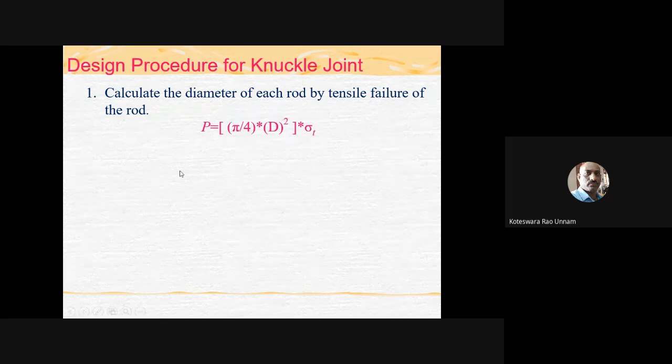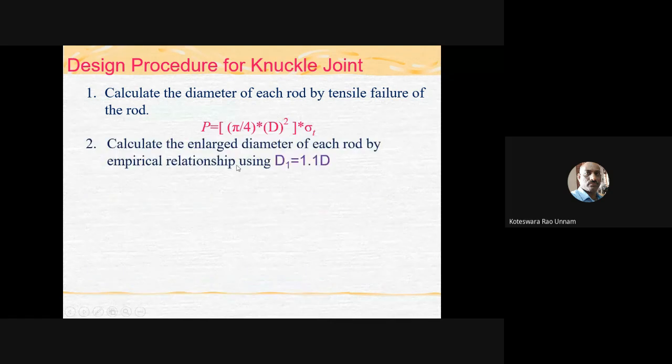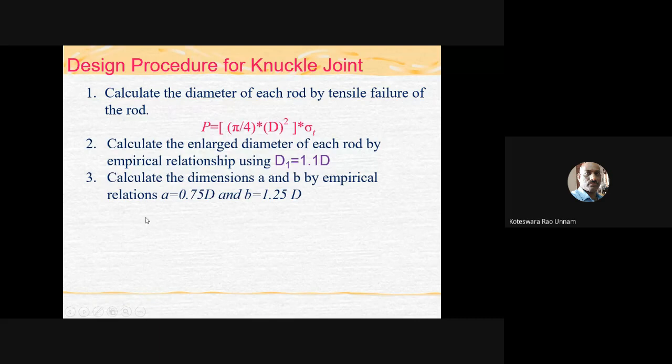Once you have calculated this, d1 is taken as 1.1d using the empirical relation. Then, again using the empirical relations, you need to determine the values of small a and small b, which are 0.75d and 1.25d.